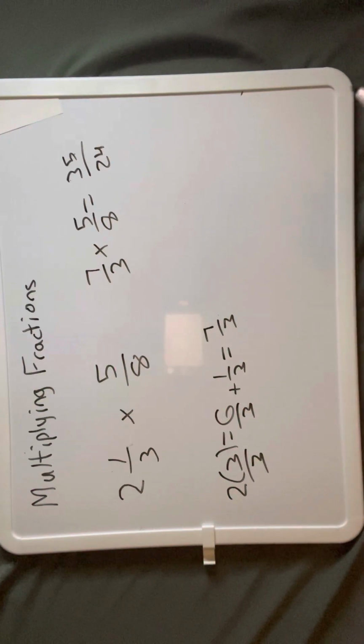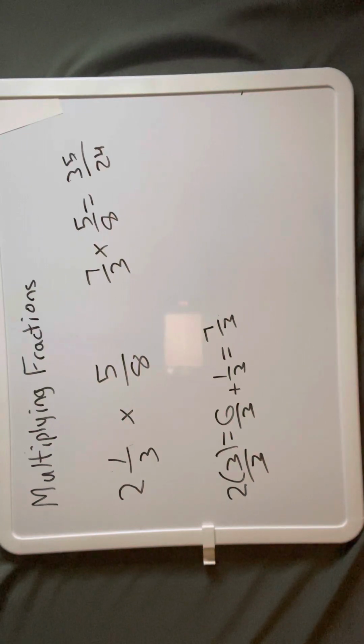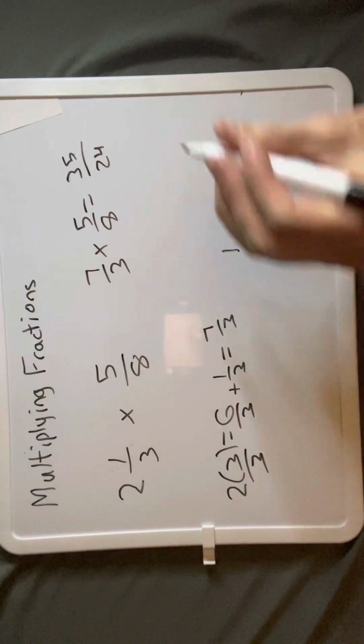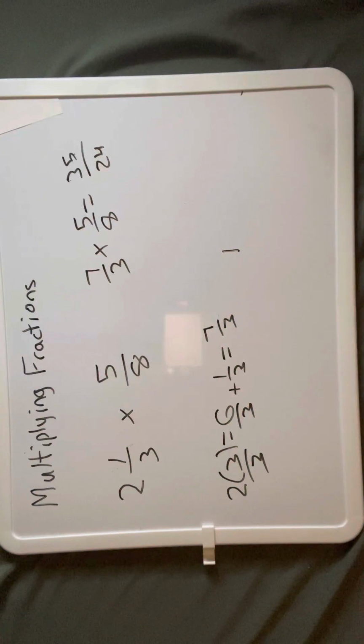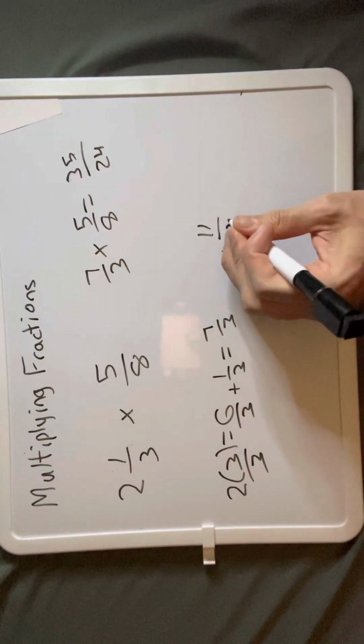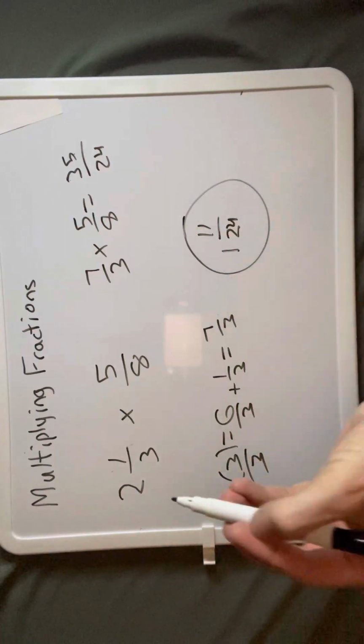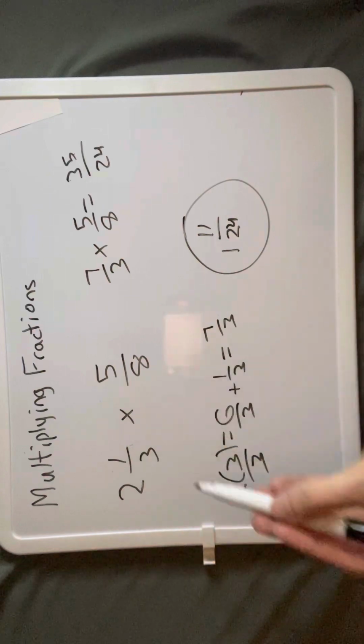So instead of dividing, I know that 24 is only going to go into 35 once. 35 is not big enough. I'm just going to subtract from it to get my whole number. So that would be 1, 35 minus 24, 11 over 24. And I can't simplify it anymore, so that would be my answer. That's how I would multiply a mixed number.